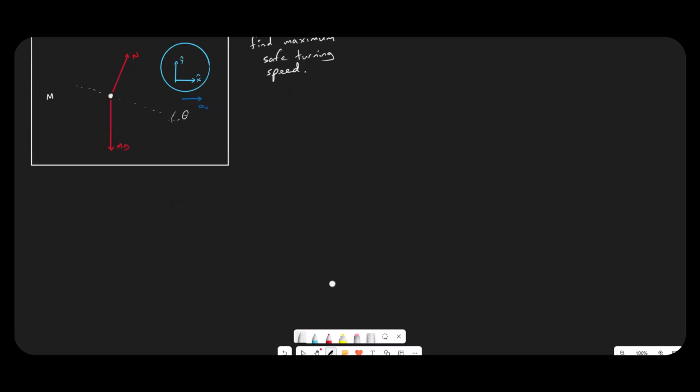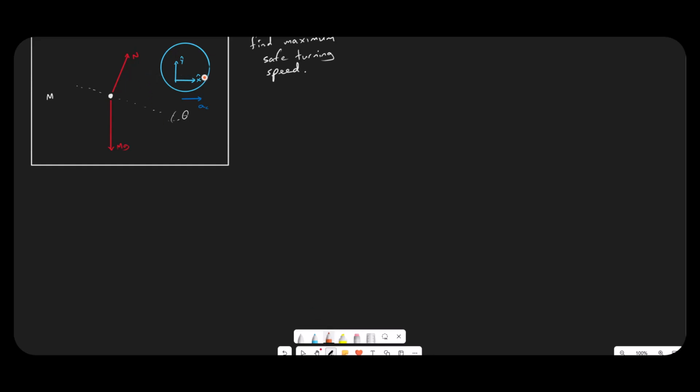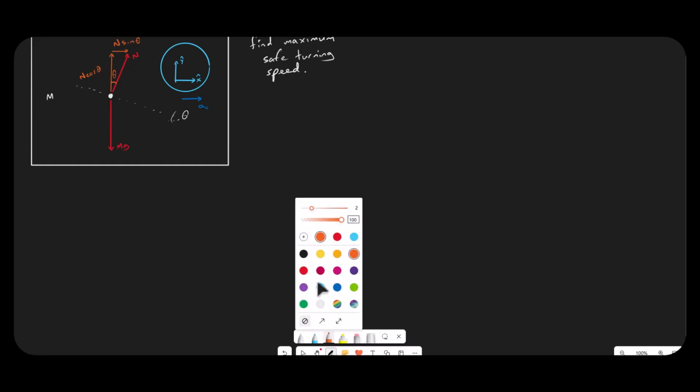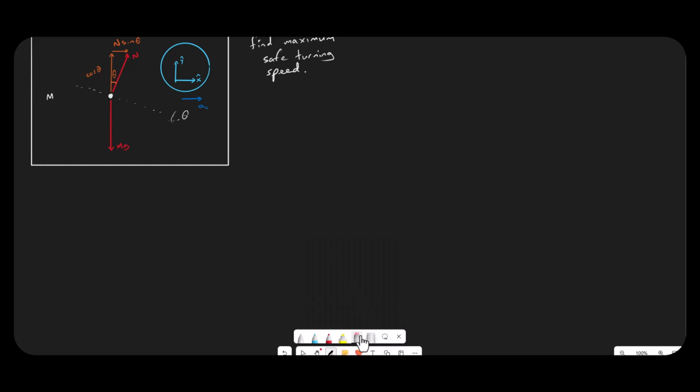Here we go. I'm going to have to break a vector into components. Now my x-axis is horizontal, so this time it's the normal force that I have to break into components. The angle of my ramp has to be the same as the angle in here. So this side is going to be n cos theta, and this side is going to be n sine theta. I don't know what my normal force is necessarily.